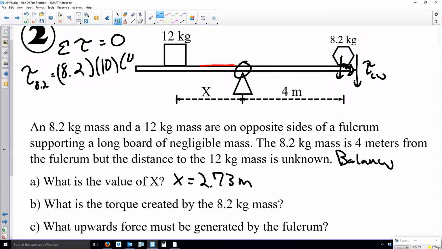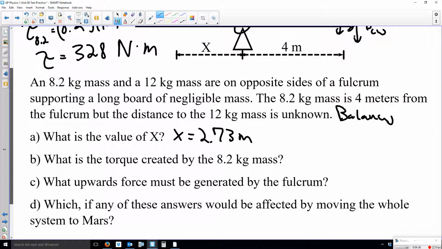And again, it would be the sine of 90, but that's just 1. So our torque is going to end up being 328, as we just said. And torques are newtons times meters. They are newton meters as the unit.